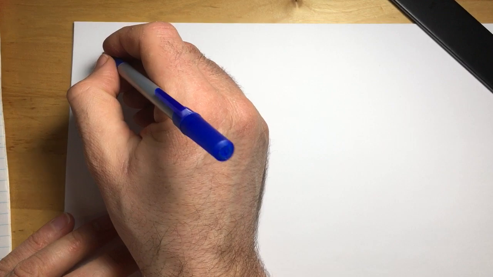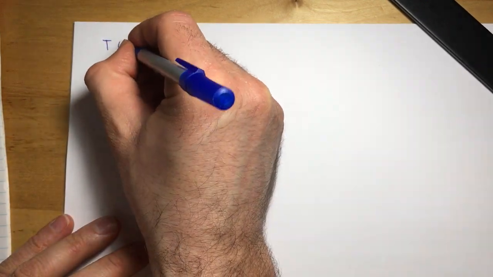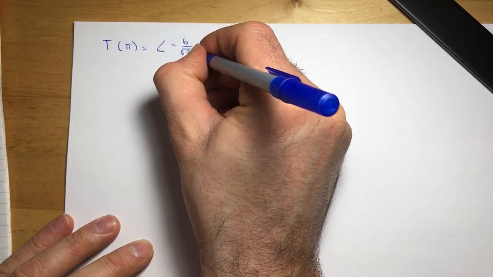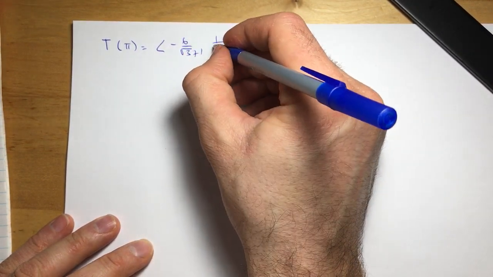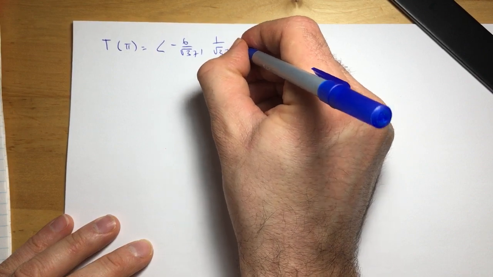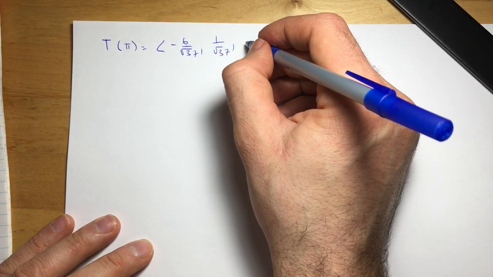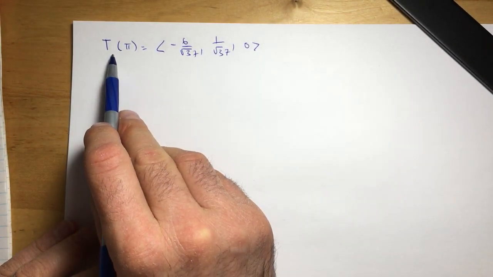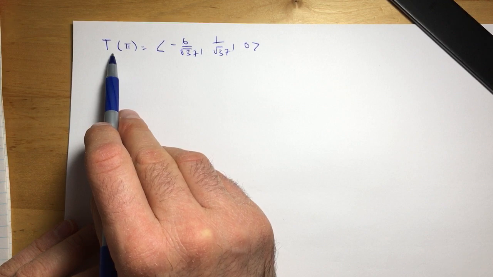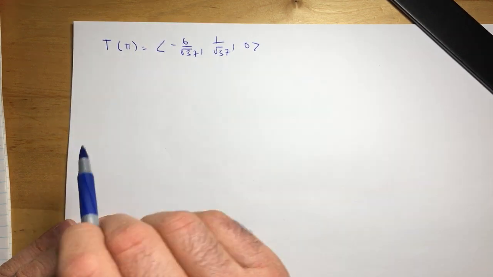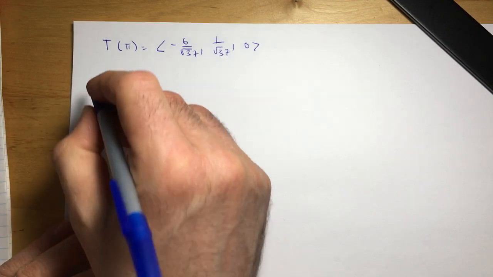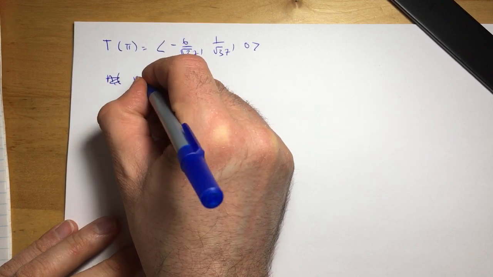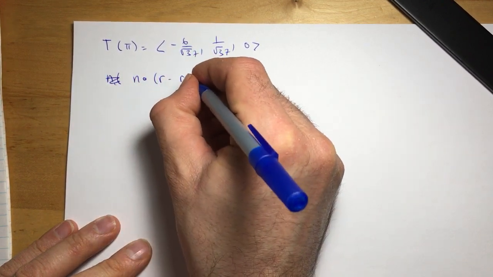Okay, and from here the unit tangent vector at pi is equal to negative 6 over square root of 37, 1 over square root of 37, and how much is this? The last one is 0. So this vector with length 1 is normal vector to the normal plane. Okay, so we can just write n dot product r minus r naught is equal to 0.